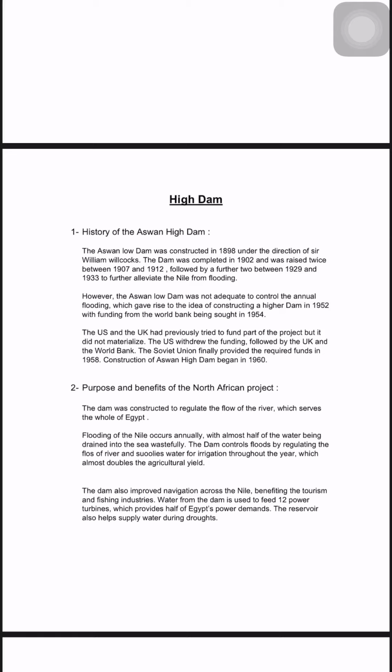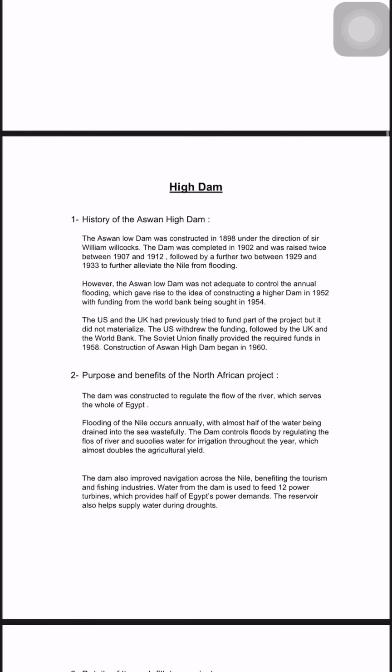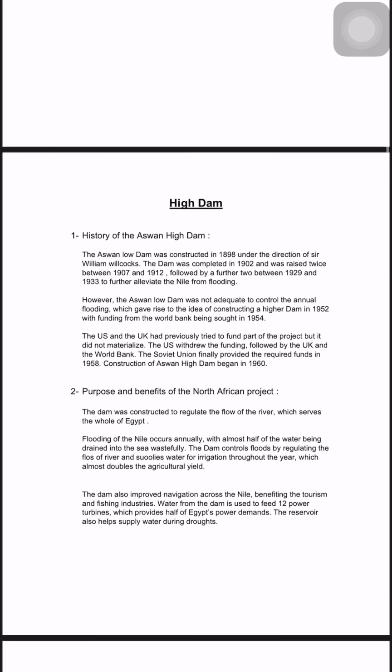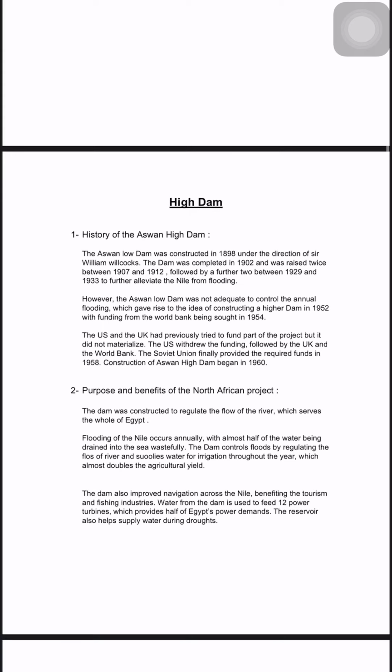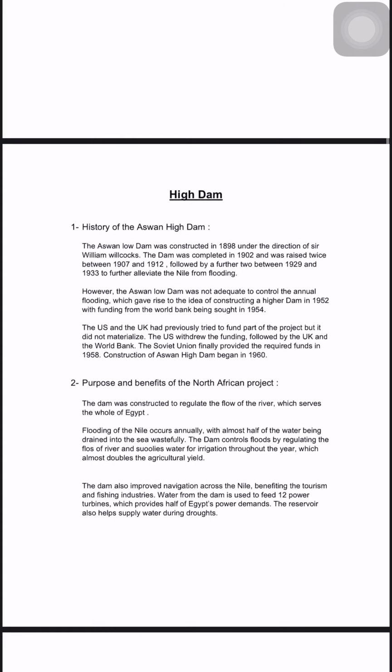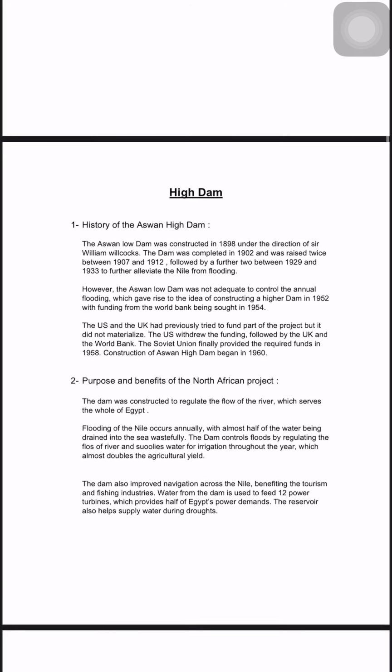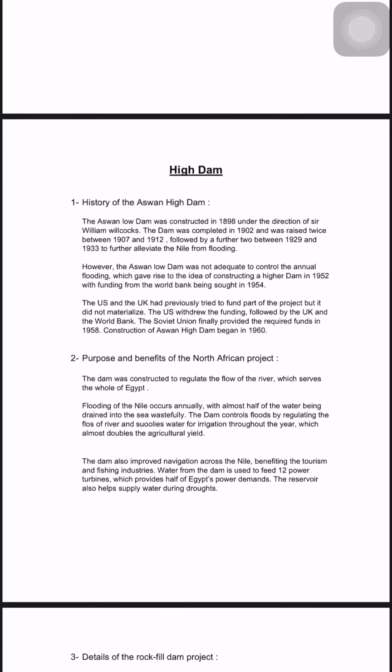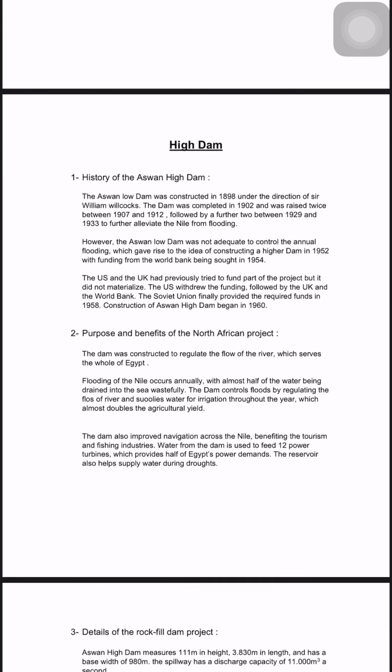The dam was completed in year 1902 and was raised twice between year 1907 and year 1912, followed by a further two between 1929 and 1933, to further protect against the Nile flooding.